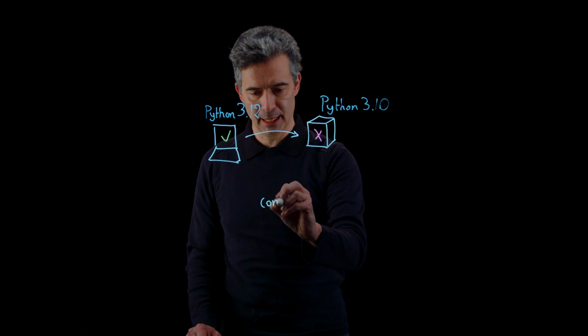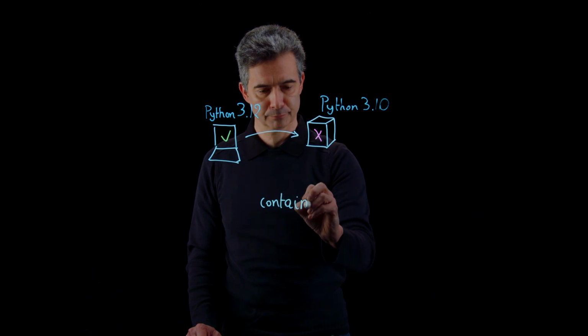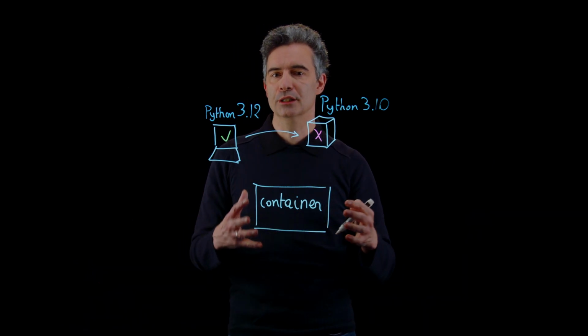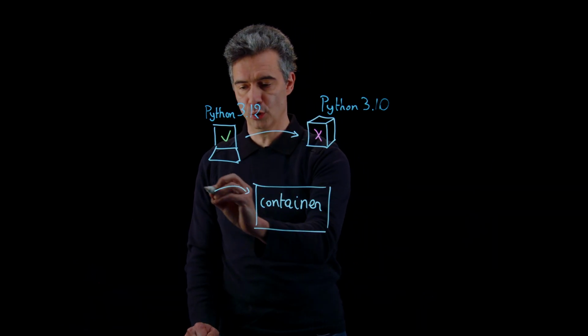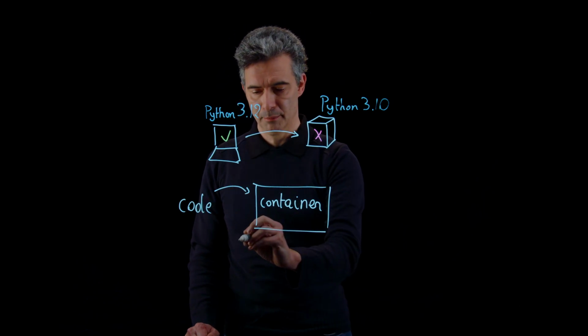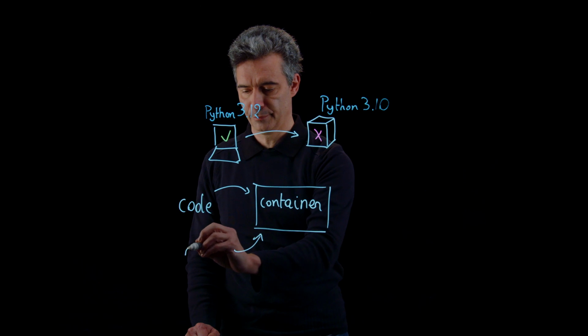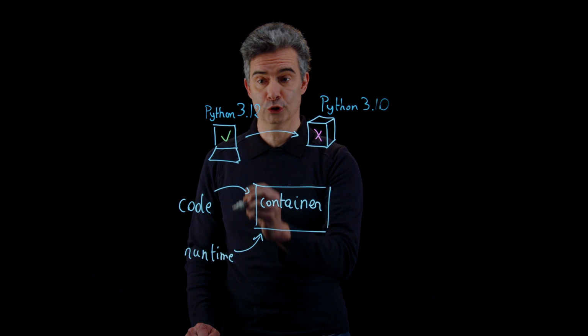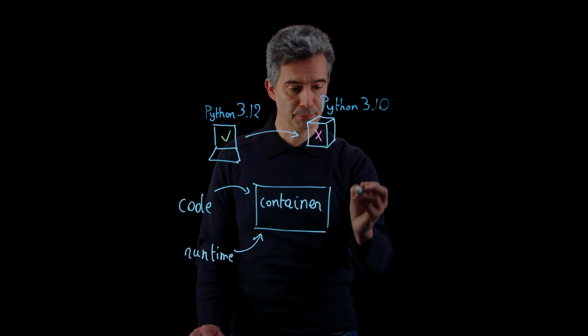So if we have a container, we'll actually make a combination of not just the code itself, which you obviously need, but also the actual runtime that we are planning to use. Assuming here Python 3.12, for example.